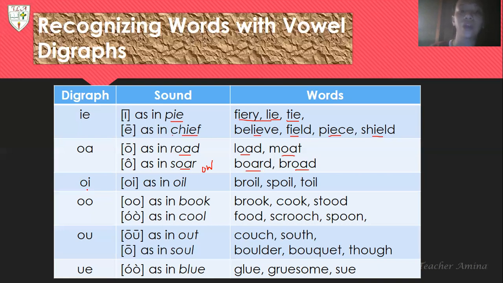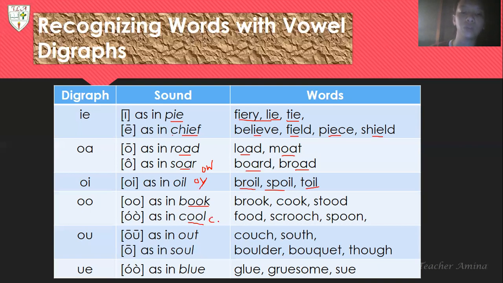We have the digraph OI, as in oil. For example, we have broil, spoil, and toil. We also have the digraph double O, as in book and as in cool.